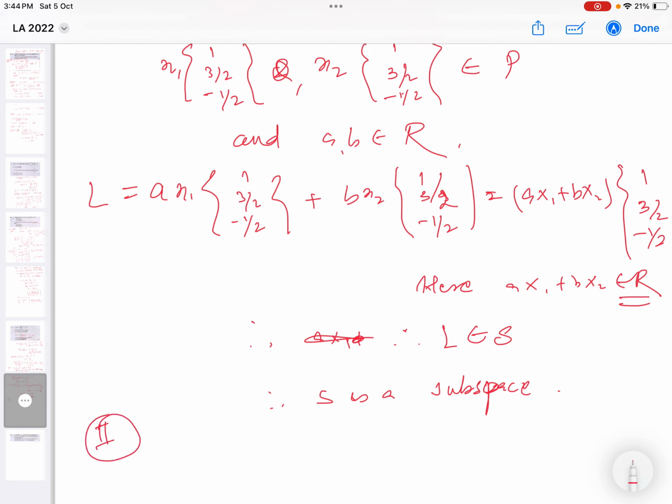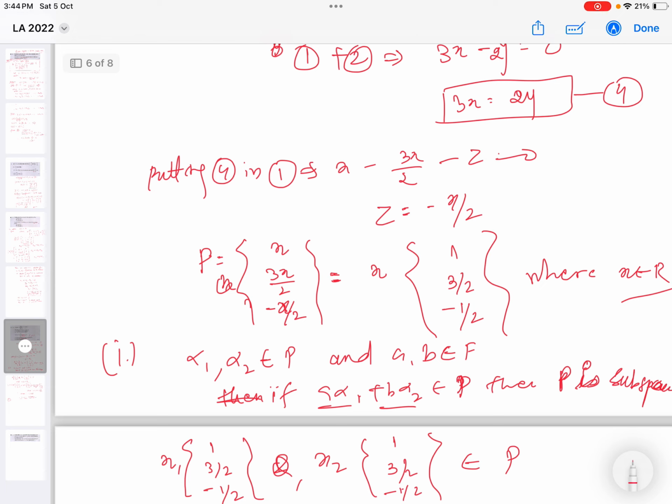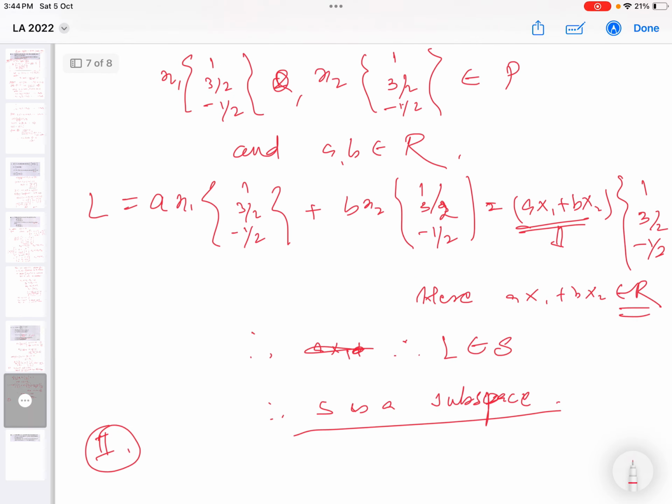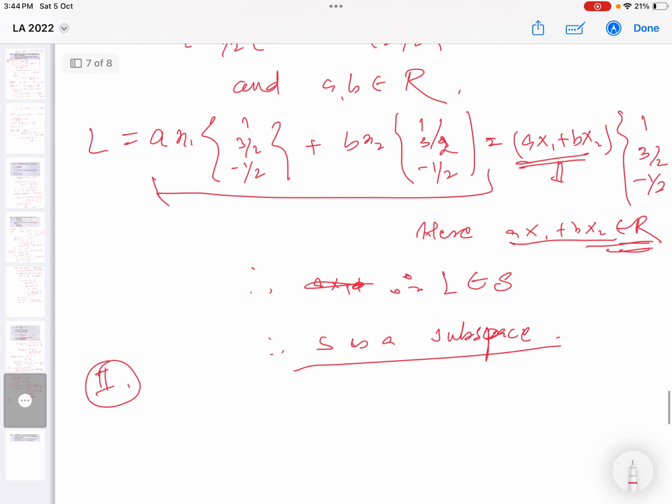So we are done. क्योंकि ये वाला पार्ट रियल नंबर को बिलोंग करता है, and we had seen that, like, if x is an element of R, then this entire expression, x into this expression, becomes an element of P. So that's why this is an element of R. That's why जो हमने L वाला expression लिखा था, this entire expression will become an element of S. So S is a subspace.